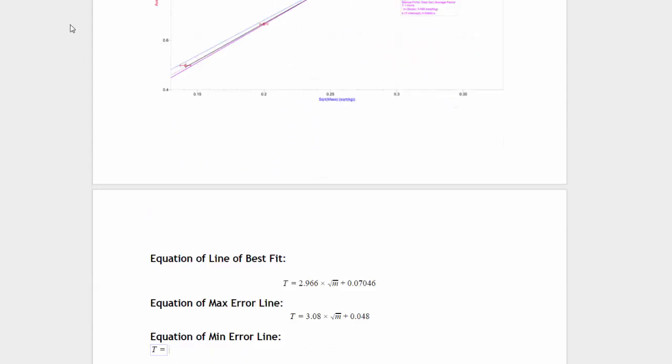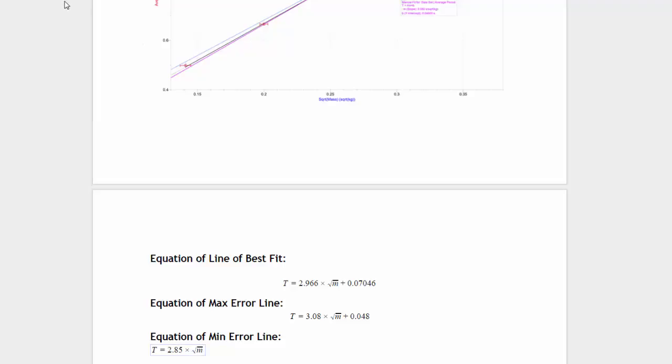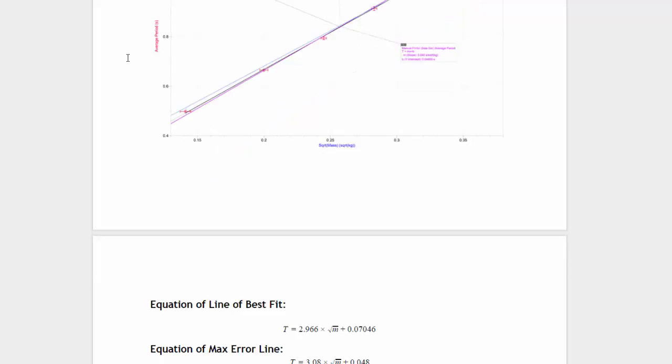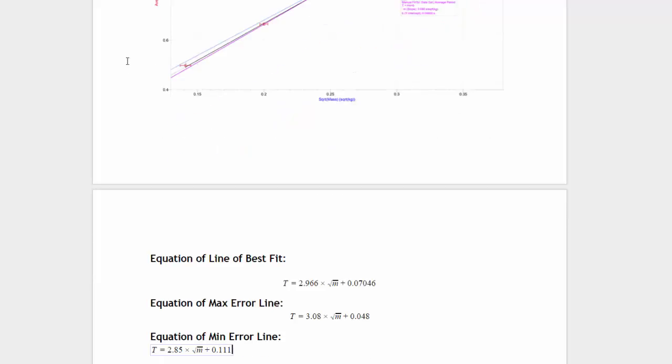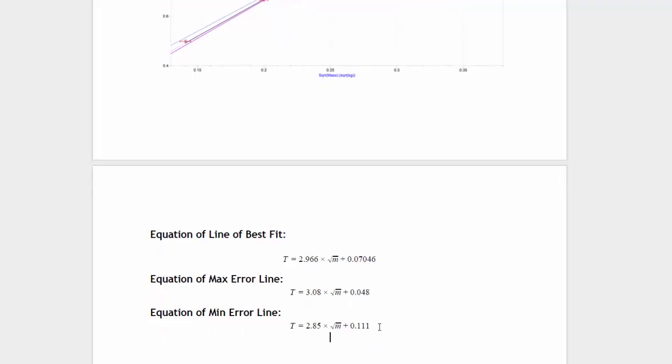Yep. 2.85 times square root m plus 0.111. Alright, and then we center. Okay, so now we have these three equations.